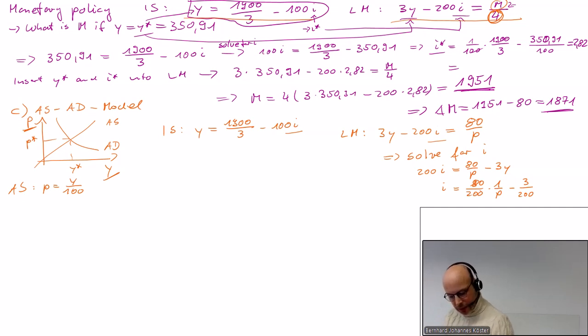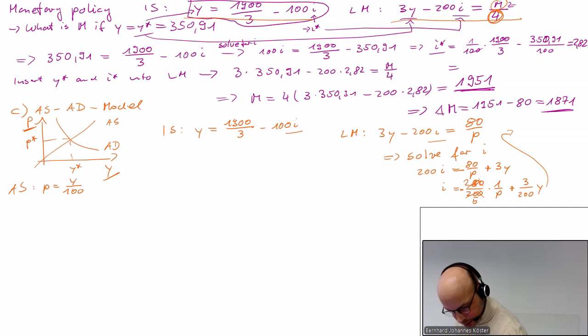I think I missed the signs, this has to be minus and this has to be plus. Sorry for this. 3 over 200 y. So this cancels, and divided by 4 is 2 over 5.